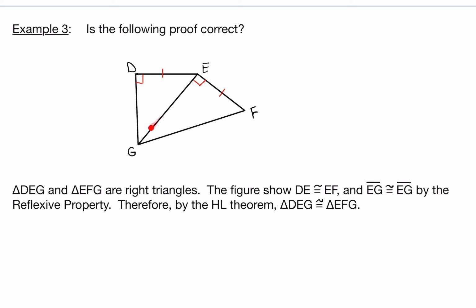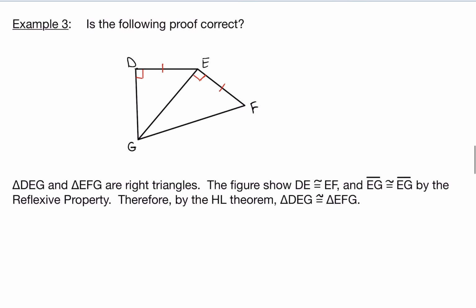The problem is, while EG is the hypotenuse of triangle DEG, EG is not the hypotenuse of triangle EFG. And that's where the error in the proof exists. So both of these triangles therefore are not congruent.